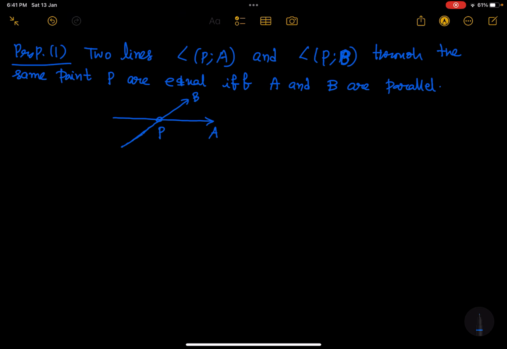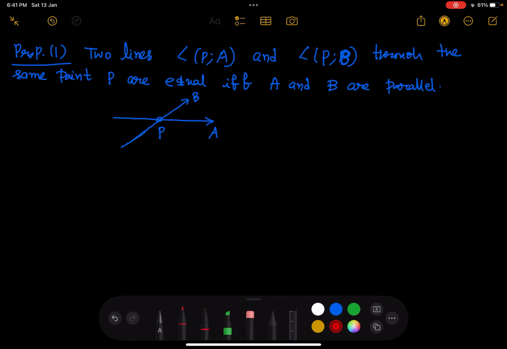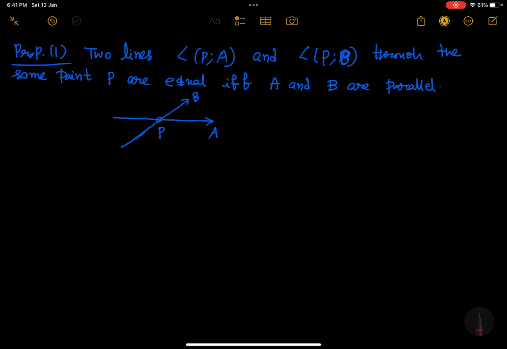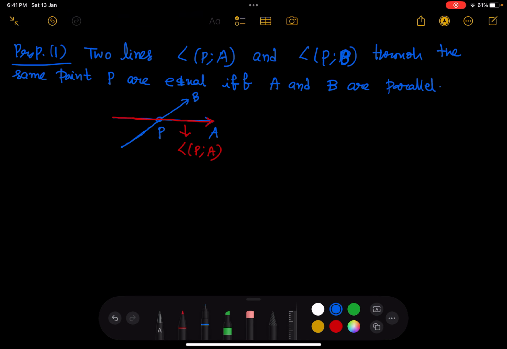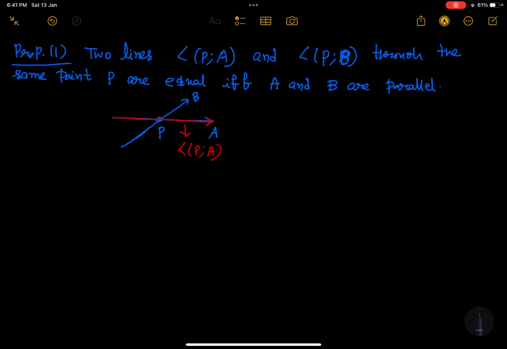Let me change the colors to understand this. This red one is L of P comma A, and this blue one is L of P comma B.